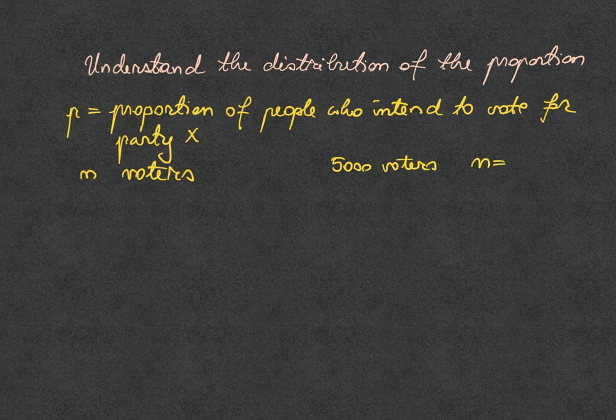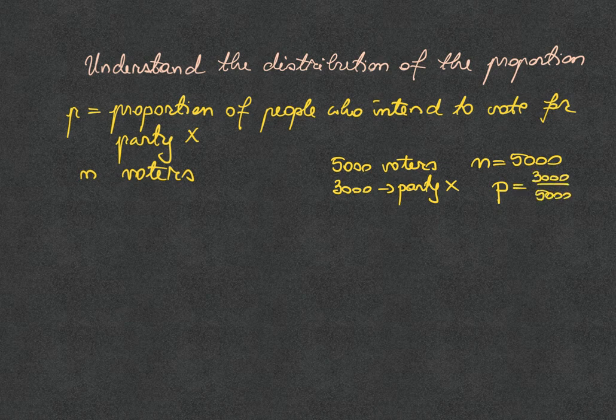So n equals 5,000, the sample size, and let's assume that 3,000 vote for party X. So the sample proportion P will be 3,000 over 5,000. So it's 60%. This P is the sample proportion.